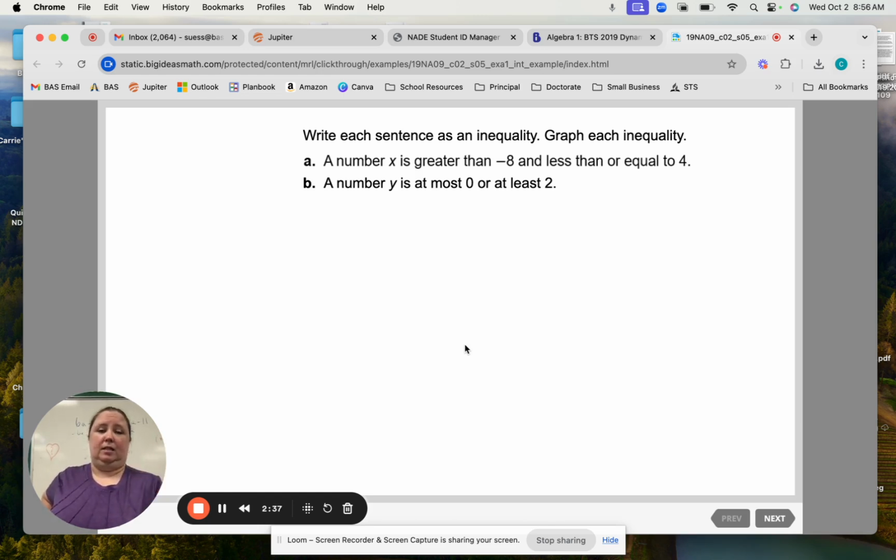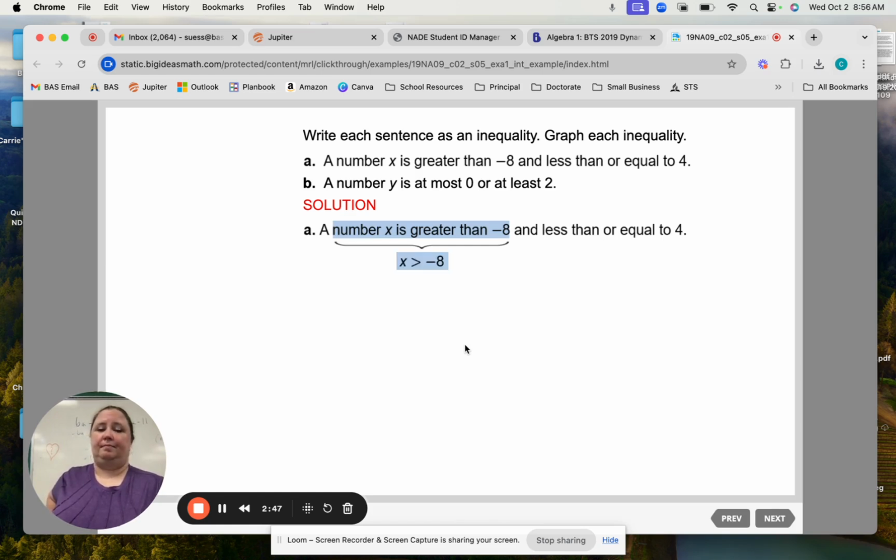So let's start writing it. x, and then your sign is greater than negative 8. And then the other inequality is x is less than or equal to 4.